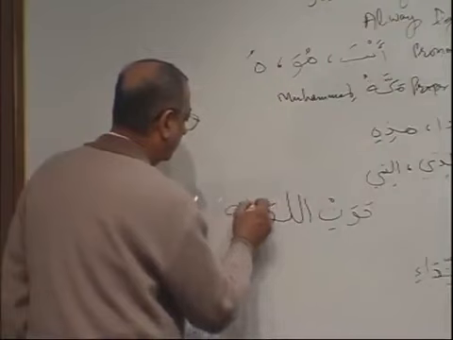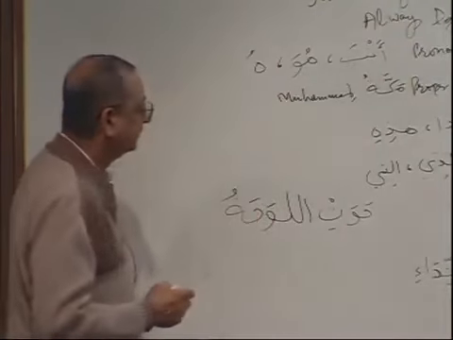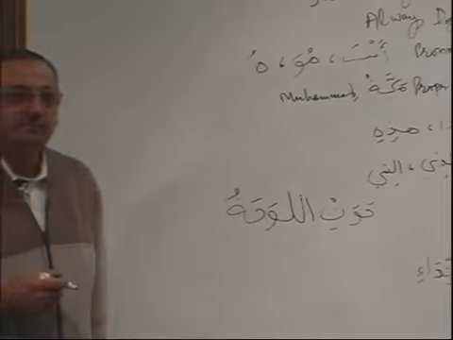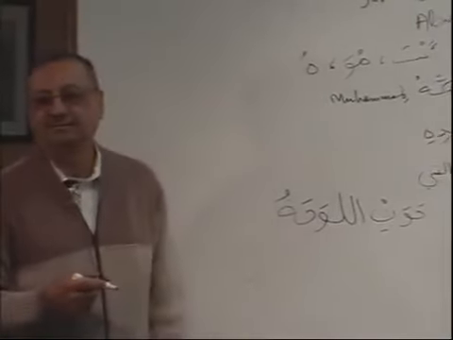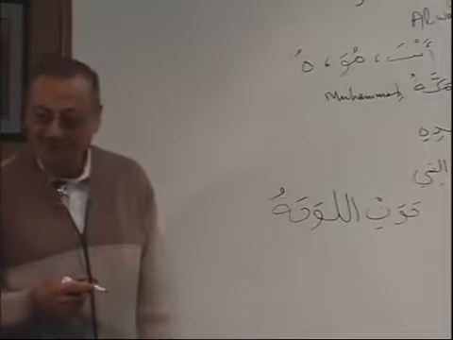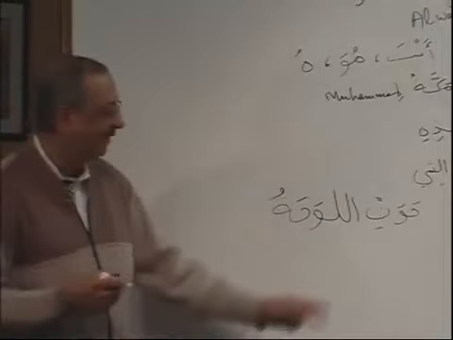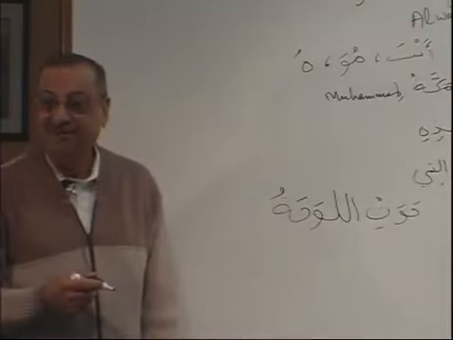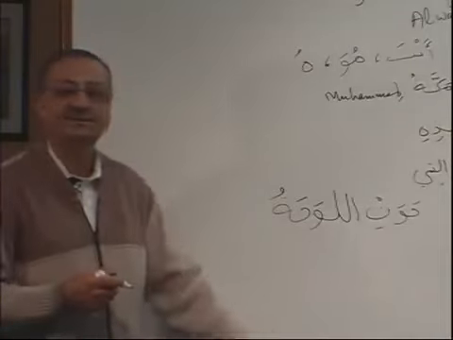What is it, brothers and sisters? No. No, it's not that. It's five. Fi'l and fa'il. MashaAllah. Fi'l and fa'il. What kind of a fi'l is this? Naqis. How did you get this?